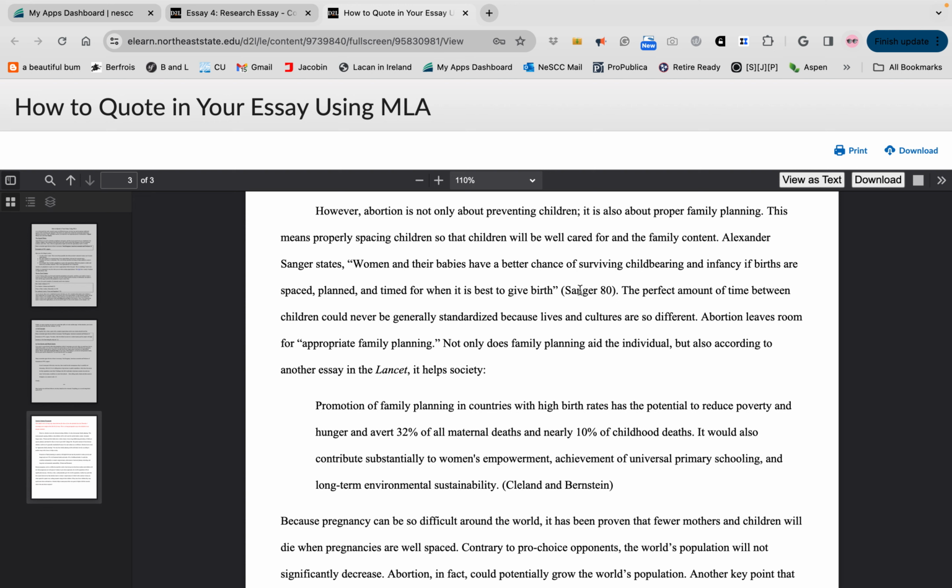Again, Sanger 80 is far more readable than, let us say, a full URL. Just imagine what that would look like. Visually on the page, I think it would be quite distracting. It might be hard to read. I think a reader might lose your argument if that's how you created citations within your essay itself.